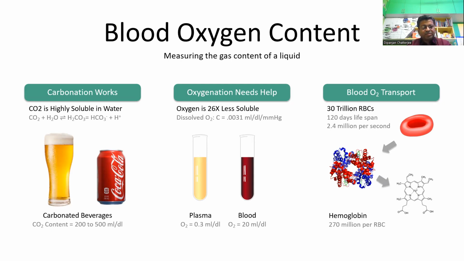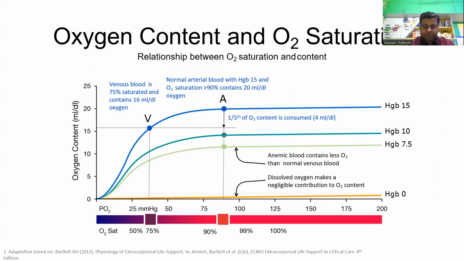Unlike carbon dioxide, which is easily soluble in the plasma, oxygen needs hemoglobin for its transport. And the oxyhemoglobin dissociation curve can be drawn depending on the hemoglobin level.